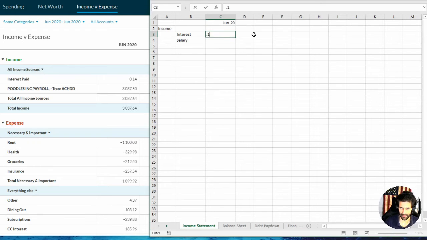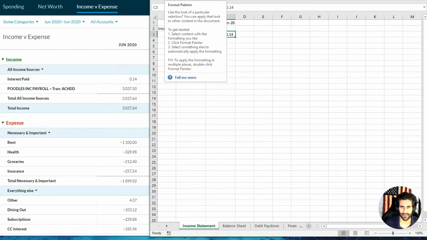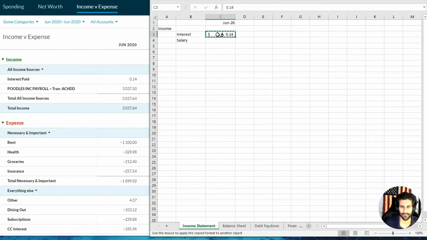So for the interest, I'm going to put the amount that it is, 0.14. I like using the accounting format for this stuff, because it just looks nice. Alright, so for salary, I'm not going to actually use this number here, because I'm going to use the gross salary.